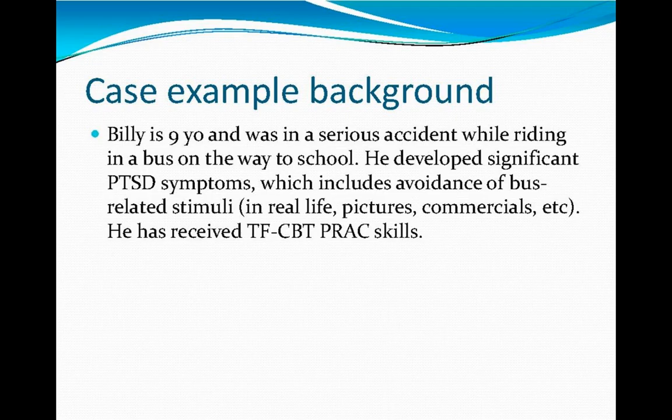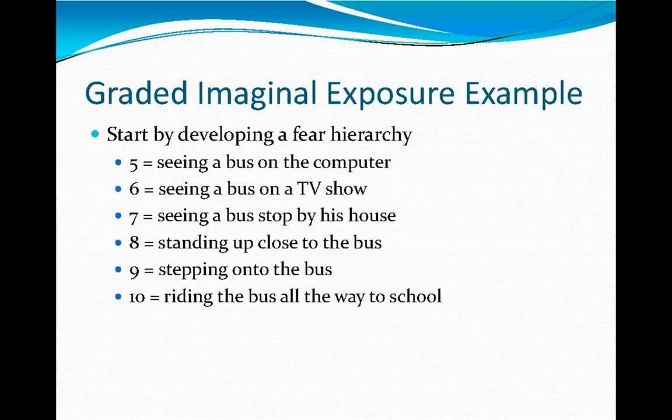Okay, so the first example, we'll look at how you might do graded imaginal exposure. So we have already done our anxiety rating. So we have our anxiety thermometer. And the next thing that you would do is you would develop a fear hierarchy.